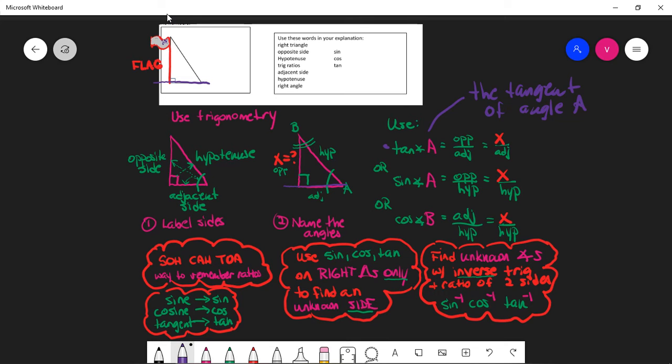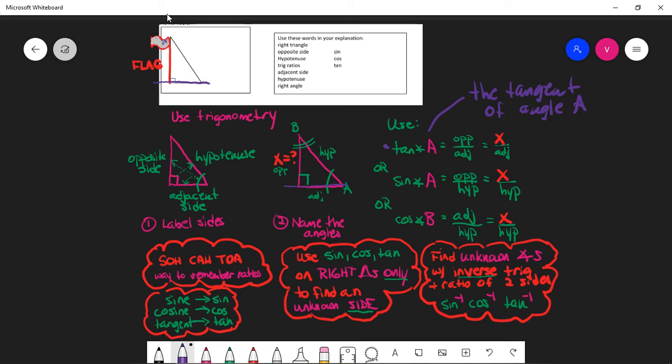You can make it up too. You can give it numbers if you want to. Or I could use, if I know this angle up here at the top, I could use the sine if I know what the hypotenuse is. So I could use the sine of angle A equals the opposite side divided by the hypotenuse, which is equal to X over the hypotenuse, or the height of the flagpole divided by the hypotenuse.